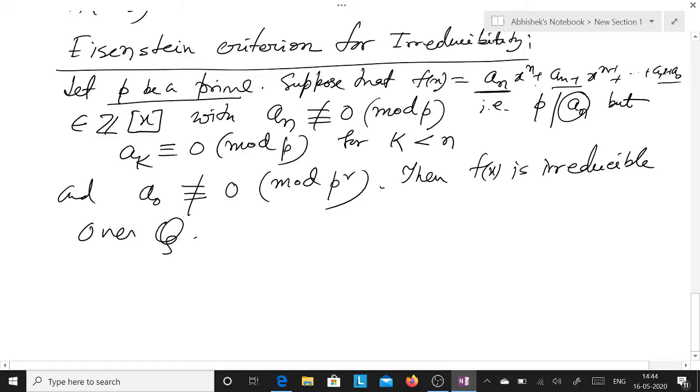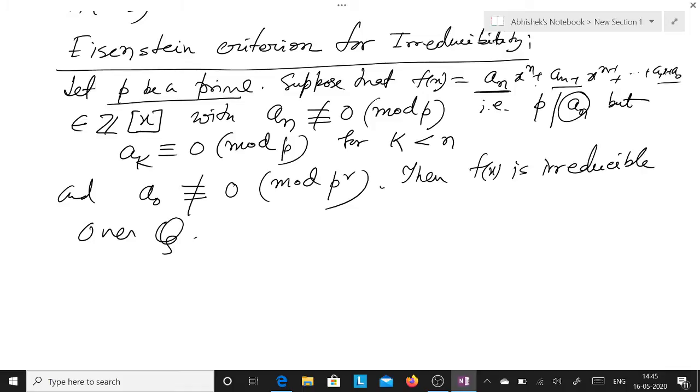Whether the prime p divides all other coefficients a_{n-1}, a_{n-2}, ..., a_1, a_0, and also you need to check whether the integer p square divides the constant coefficient or not. If the prime satisfies these three conditions, then we can conclude that f(x) is irreducible over Q.